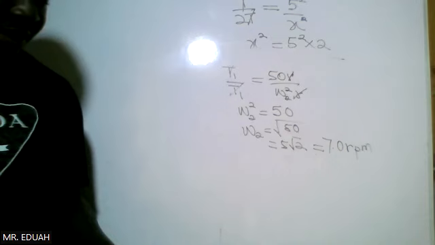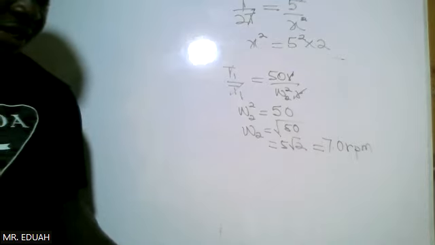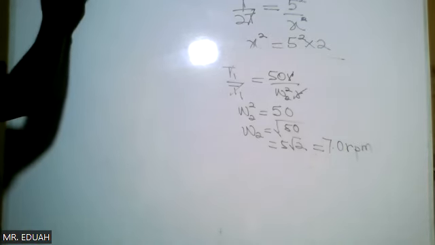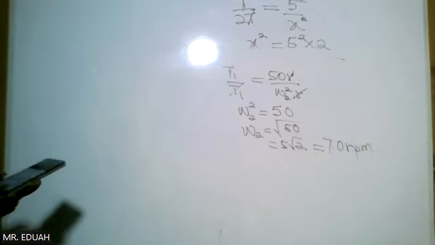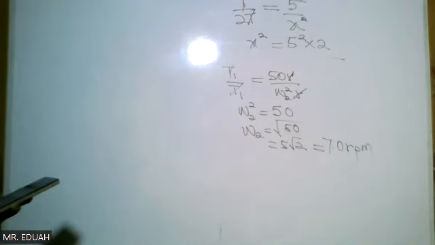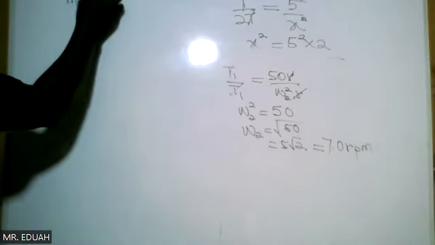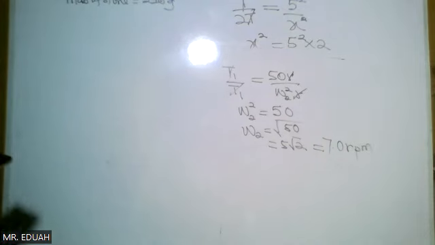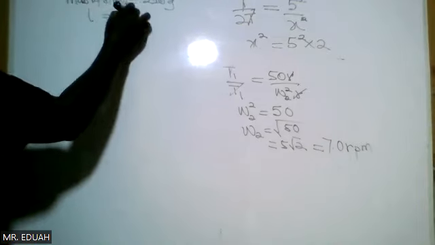So maximum tension, T maximum, is giving us 10 Newton. A stone of mass 250 gram tied to this string of length 10 centimeter. So the mass of stone is 250 gram, and the length of string is 10 centimeter.